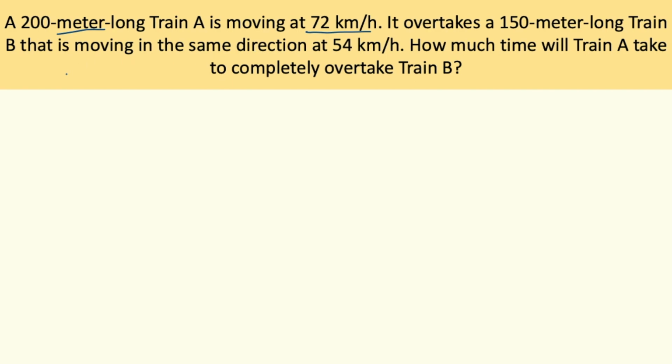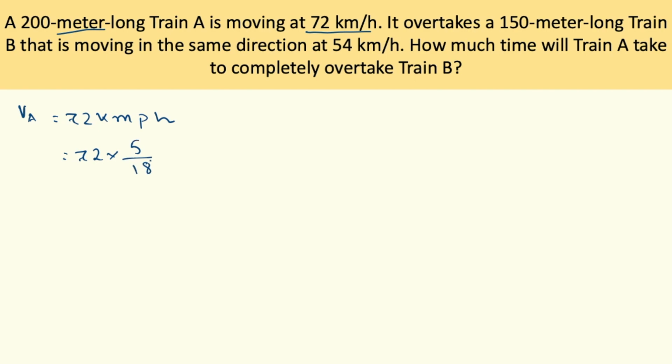So let us do one thing. First convert the speeds. So VA, which is the speed of train A, is 72 kilometers per hour. Now I can convert this to meters per second by simply multiplying it by 5 by 18.